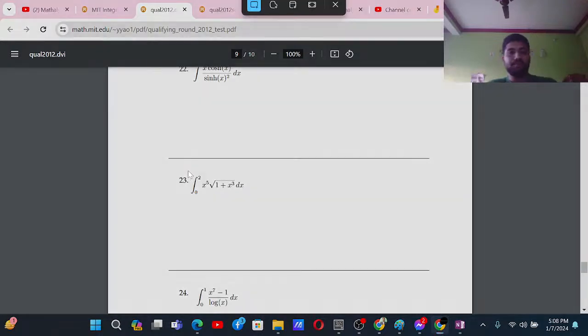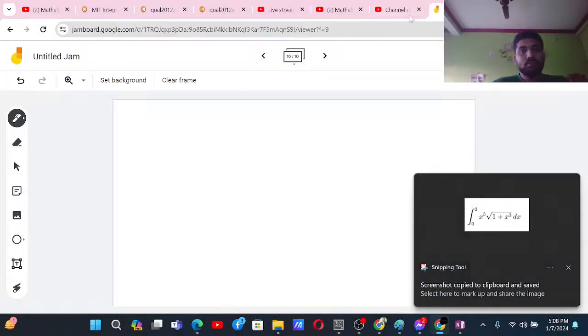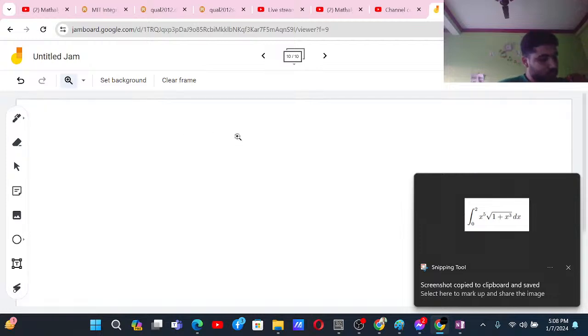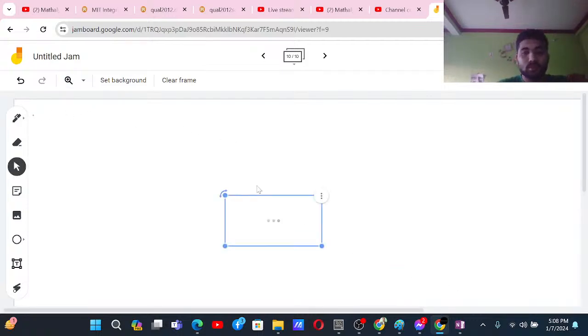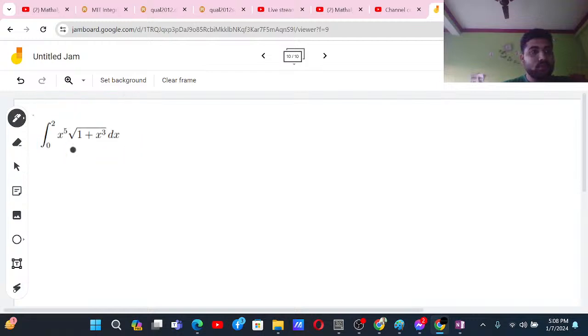This one. Okay, for this problem, we can just let y be the thing inside the square root, and that gives us dy equals 3x squared dx.